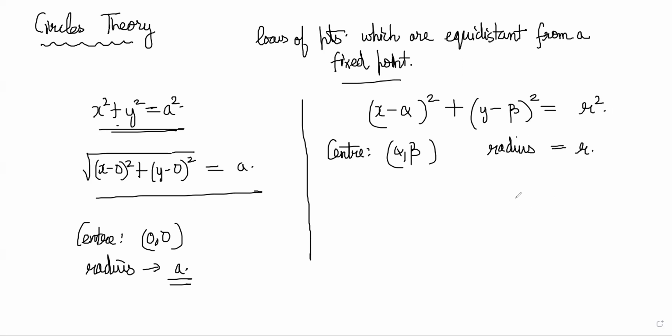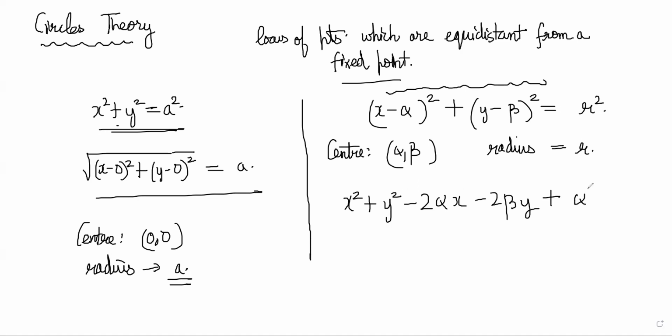So if you expand this equation, you will realize that it will start looking like this: x square plus y square minus 2 alpha x minus 2 beta y plus alpha square plus beta square minus r square equals 0, right?